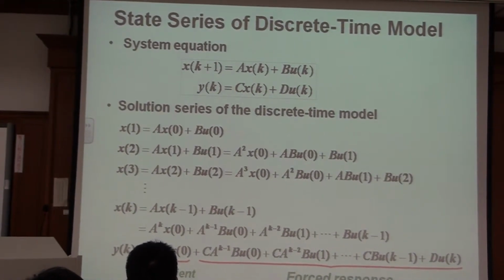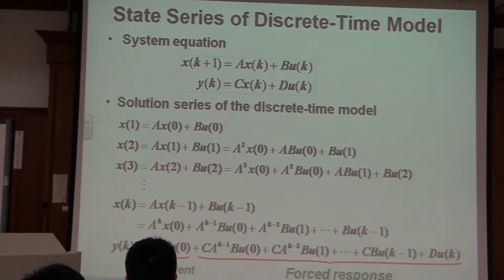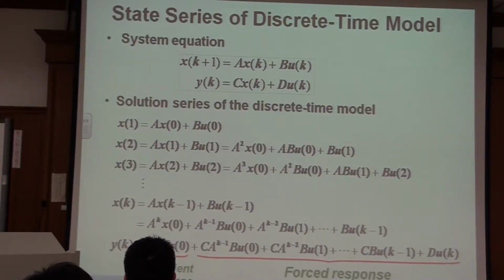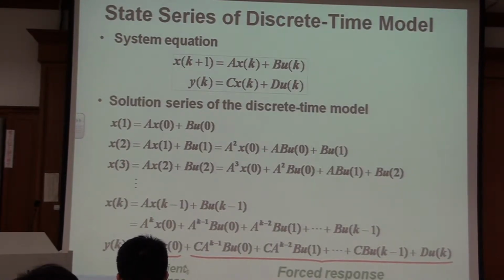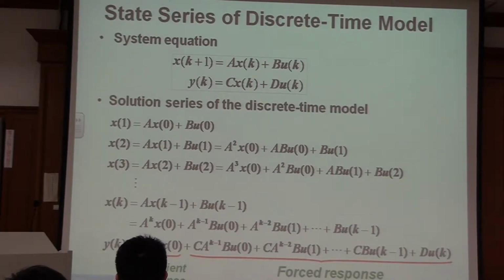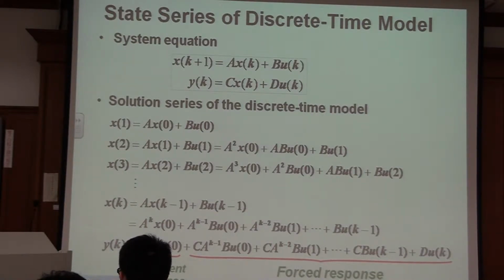Cxk, we have xk and put a C there, and this is my transient response in the measurement. So we have a transient response and a forced response, and the transient response becomes zero if x0 equals 0. If you don't have initial conditions, then x0 equals 0.